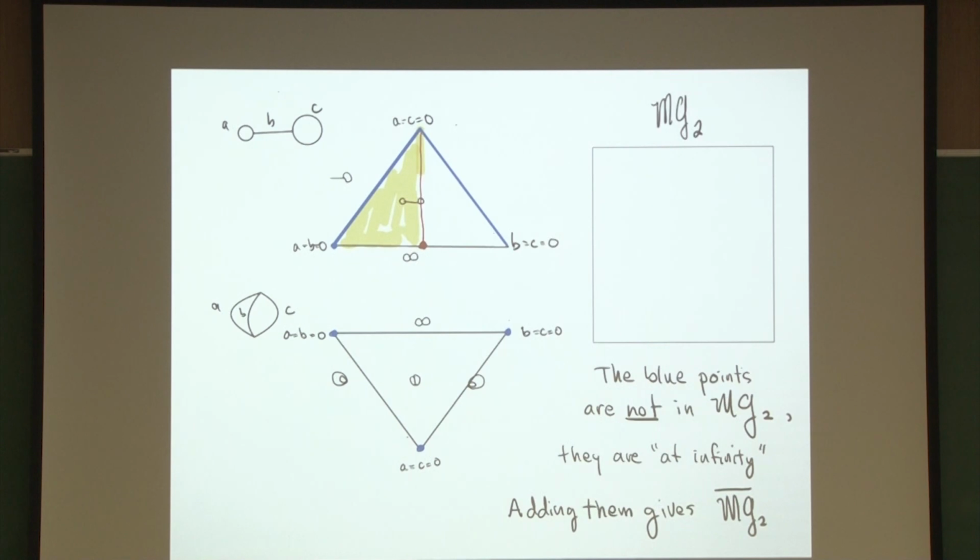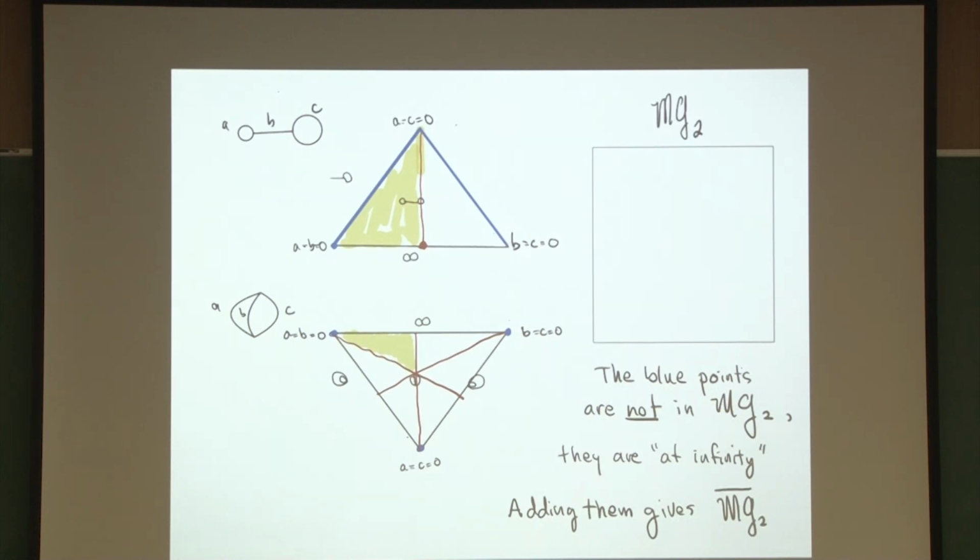There's actually lots of symmetries of the graph. I can permute a, b, and c, so I divide this into sections like that, and I get just one little piece. All the graphs are isometric to something in that little piece.